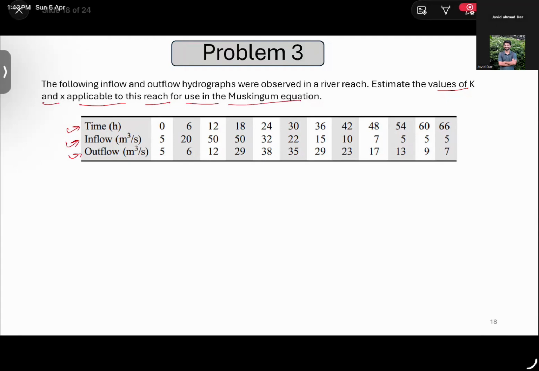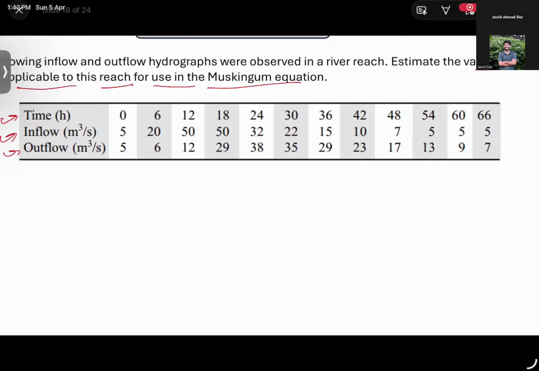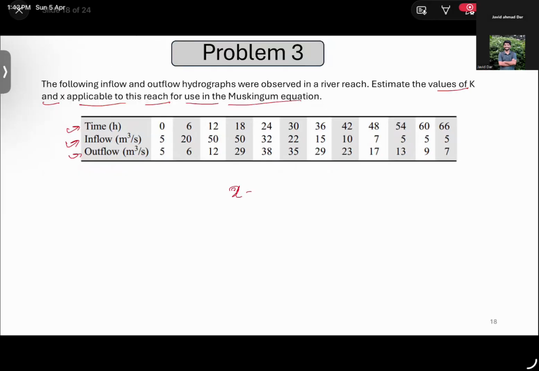So your X comes out to be 0.25, and K is the inverse of the slope.